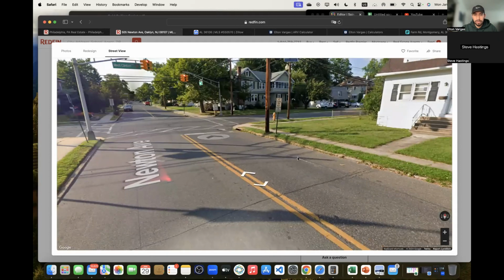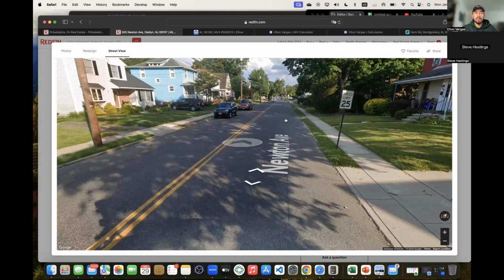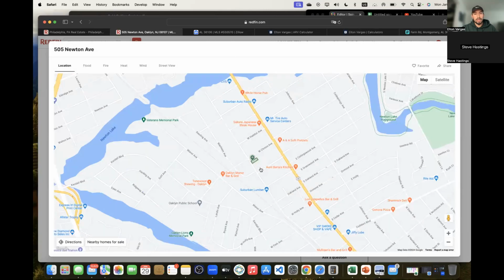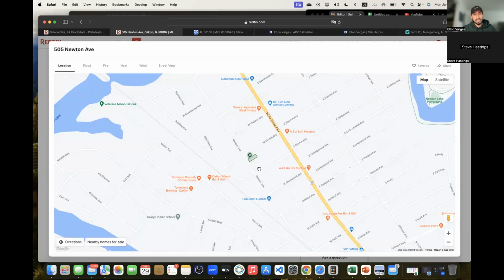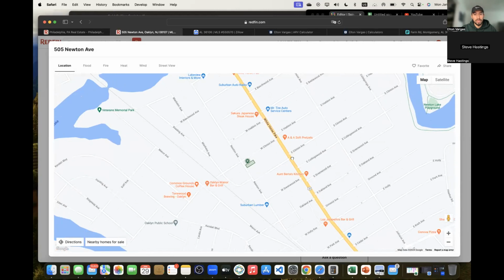We are on a double yellow line road, and here's the thing with some double yellow line roads: it just varies per state, where sometimes that's how the roads are designed and outlined. But it's not a heavy traffic road comparable to White Horse Pike, which is going to be a major road over here.